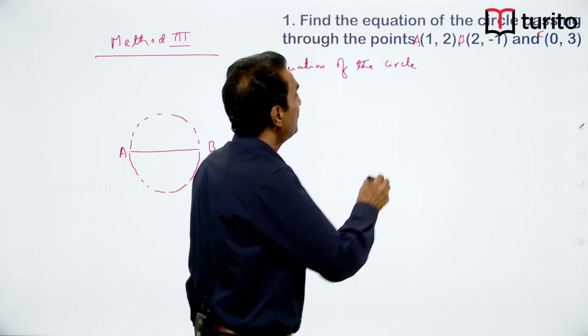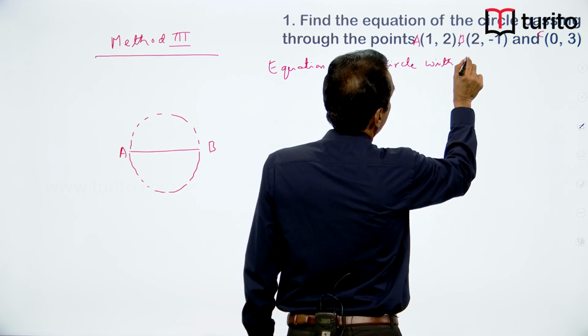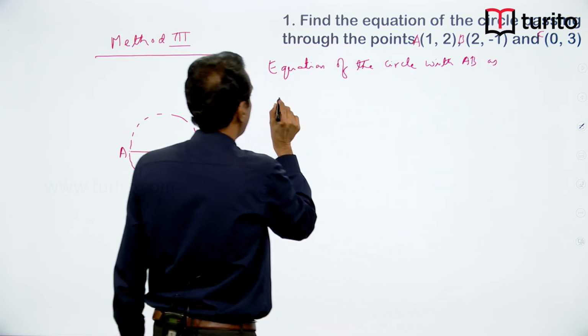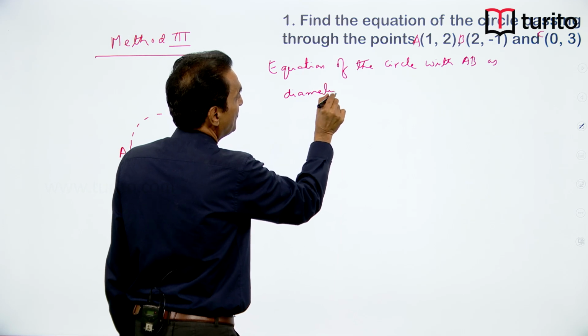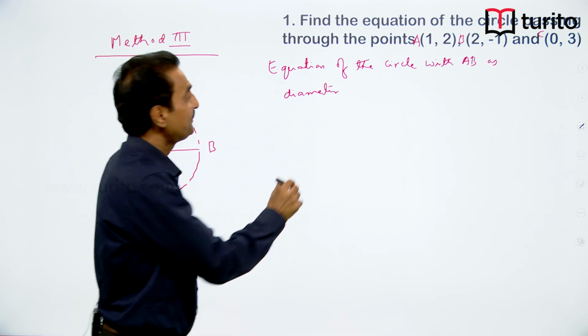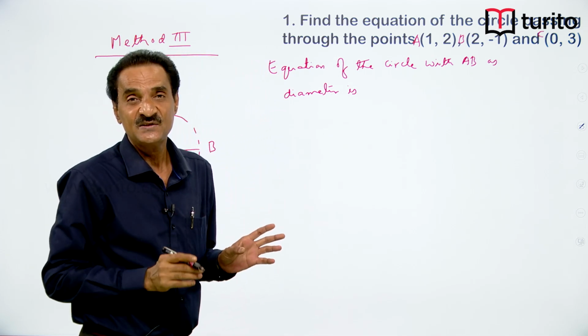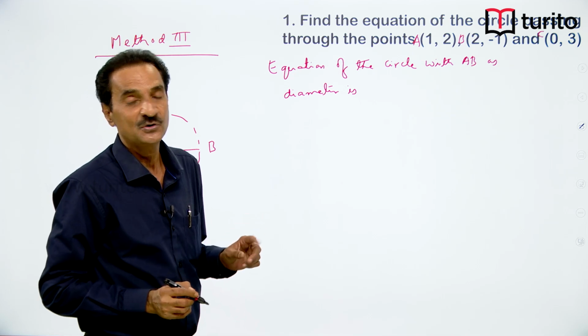It is given by the formula x minus x1 into x minus x2 plus y minus y1 into y minus y2 is equal to 0.